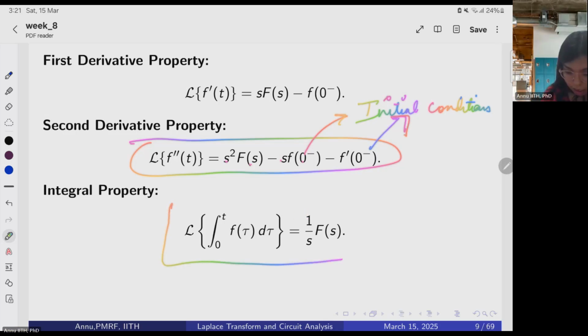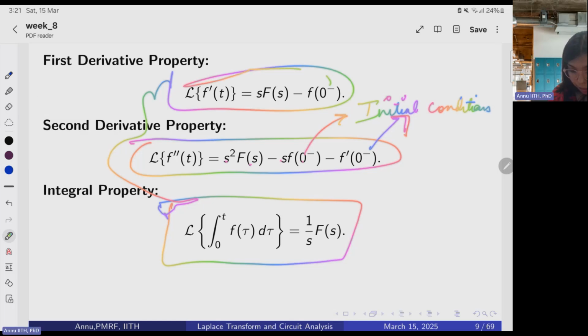Whereas you have Laplace transform of integration of f(t) giving you 1 by s F(s), but here you don't have a derivative. Here it is an initial condition without derivative. Here you'll have derivative.